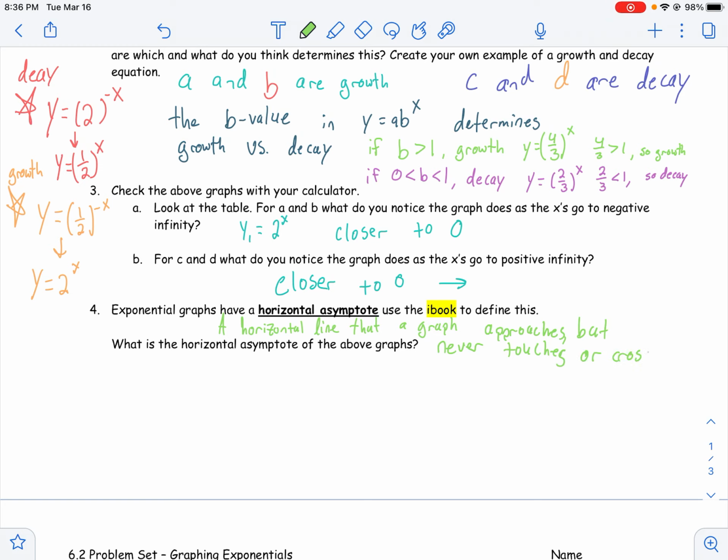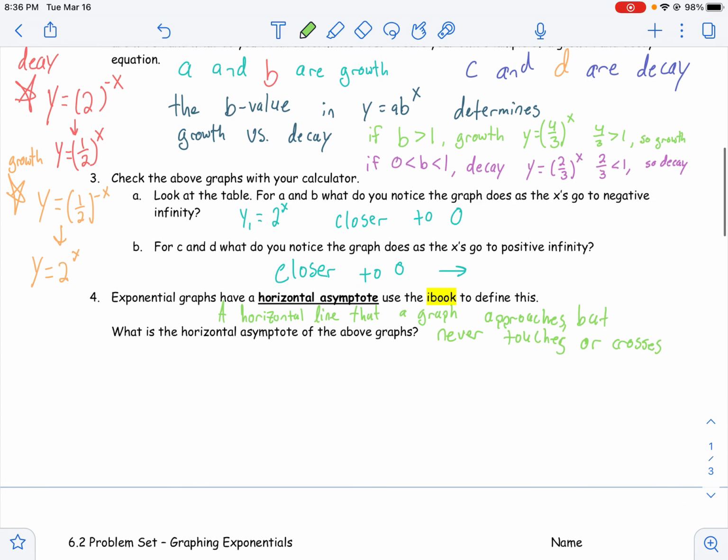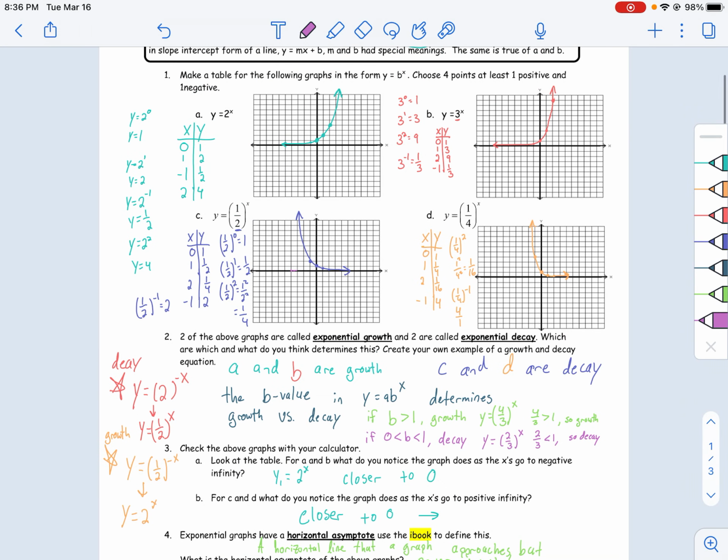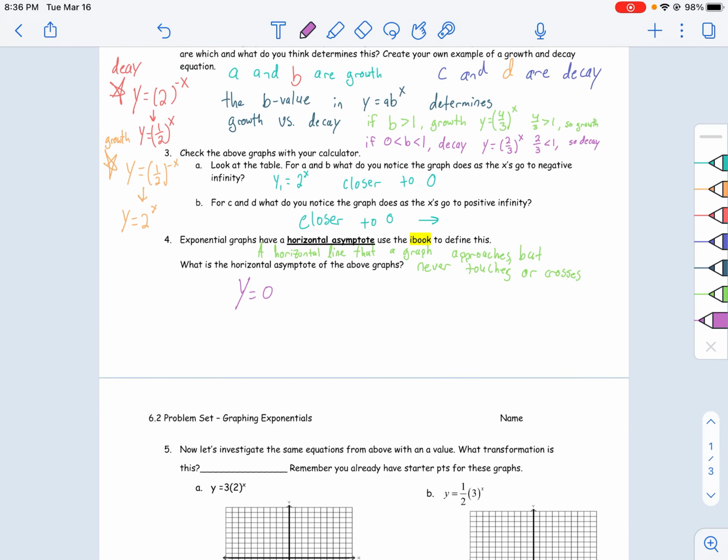In our example, it says what is the horizontal asymptote for the graphs above? In that case, we get the line y equals 0, right? Notice that none of these graphs cross this x-axis, which is the line y equals 0, right?